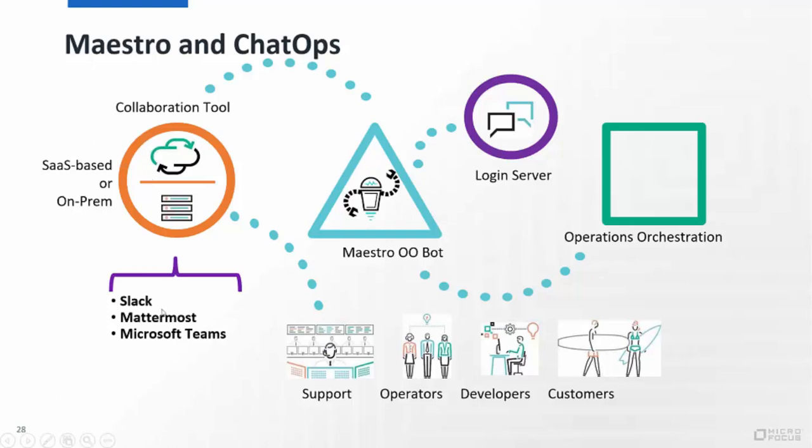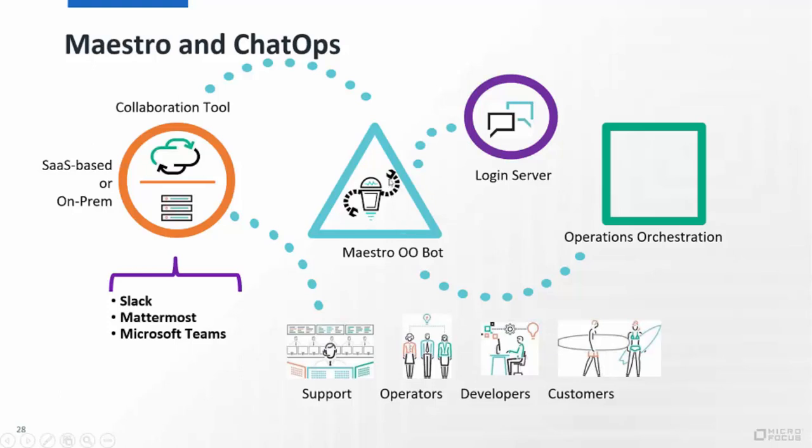We are also seeing various collaboration tools that enable different personas, support, operators, developers, customers to sit together and take the relevant action at the right time. So they sit in different collaboration tools like Slack, Mattermost, and Microsoft Teams. And from that, they are able to discuss with several bots. Now, for this discussion there is the Maestro OO Bot.